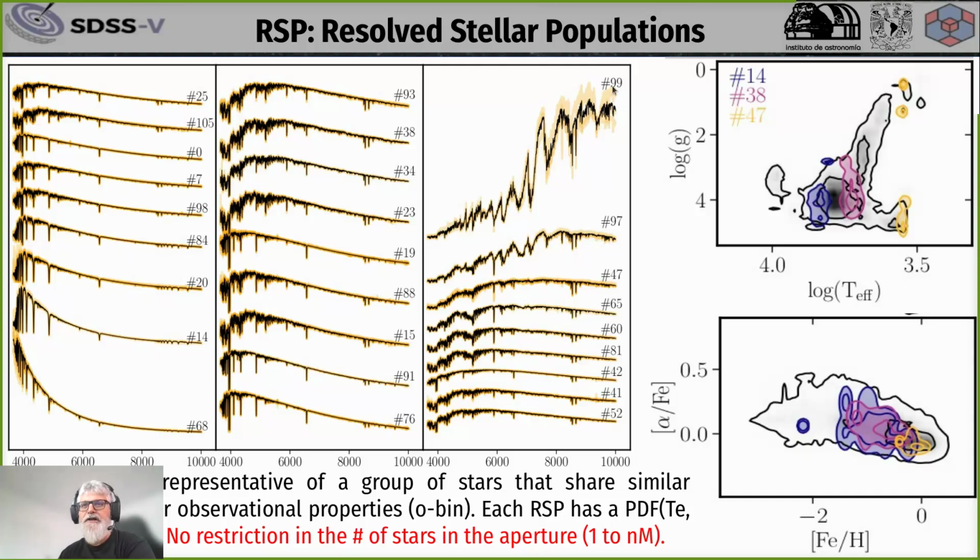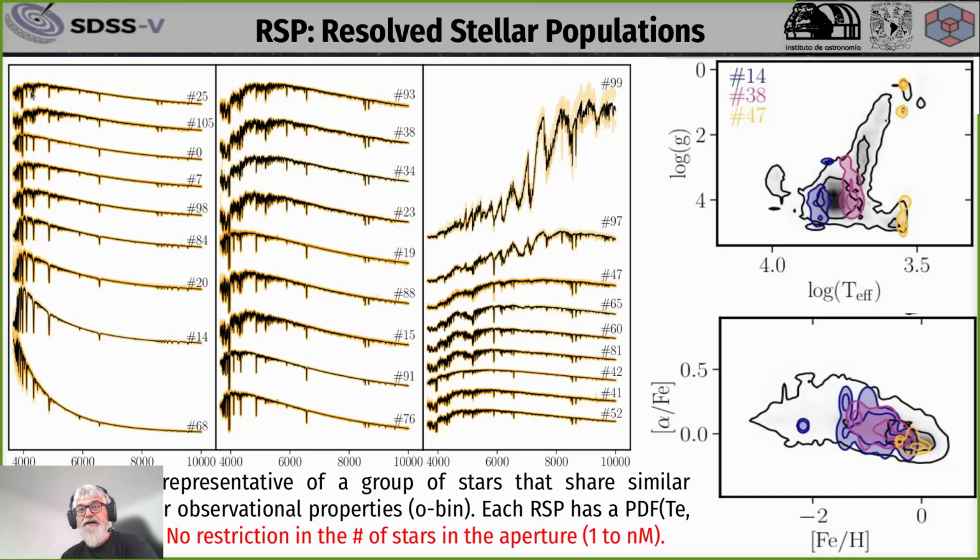Just to show you some samples, this number is the RCP index, so it's nothing apart from a tag and an ID. In black is the actual spectrum of this RCP, and in orange is 1 sigma of the different stars that have entered in the generation of this RCP.